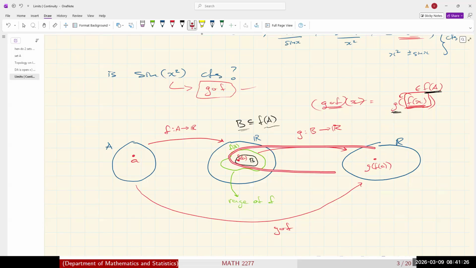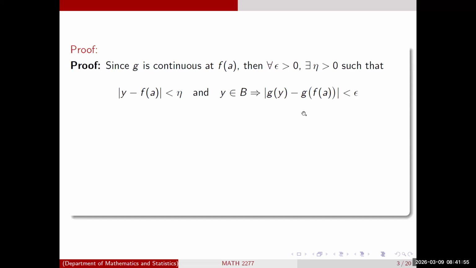So we're linking these two. You see that the points are g of f of a and f of a, and that y that you saw there is over here. So here's y, and here's g of y. That's how we got this definition.